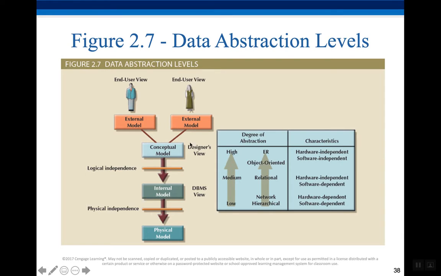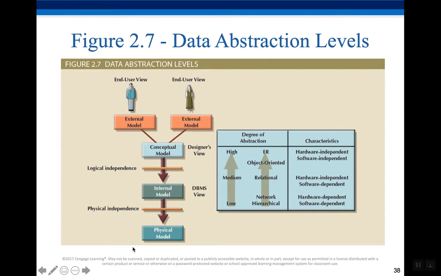We're going to create a designer's view, or what we call a conceptual model, which captures all of the different aspects, what the rules are, things like that. And then we're going to translate that into what we call the internal, which is really the database. This is the structure represented in an ERD, this internal model here, the DBMS view.